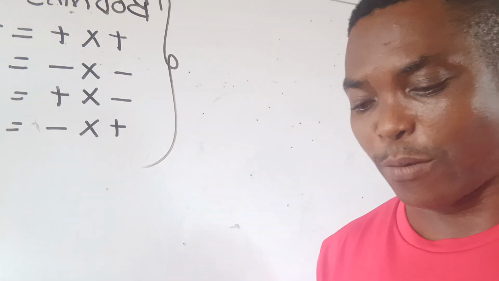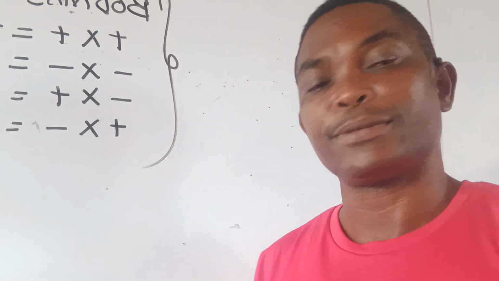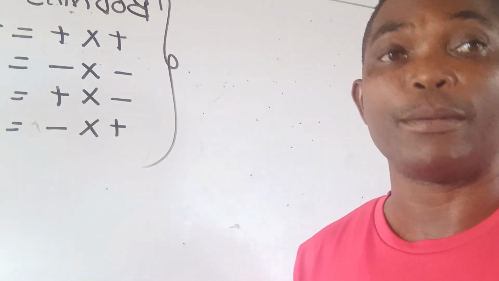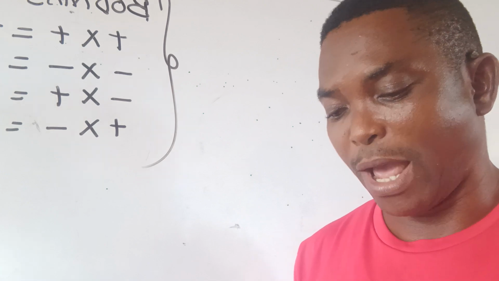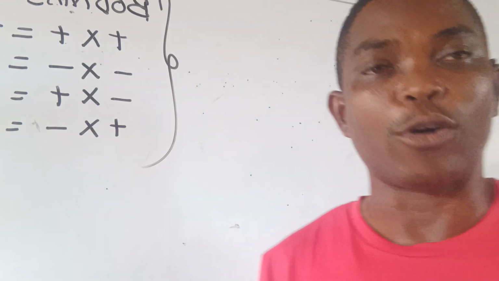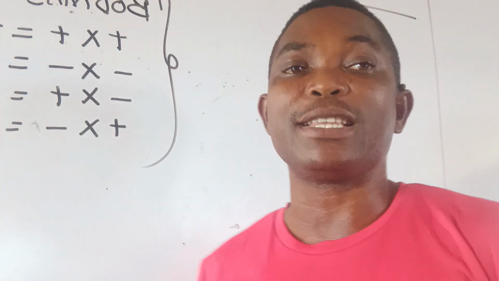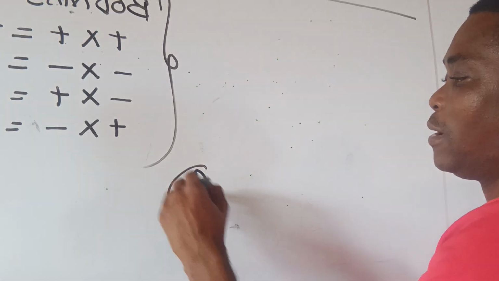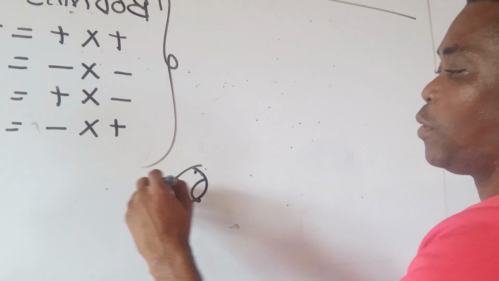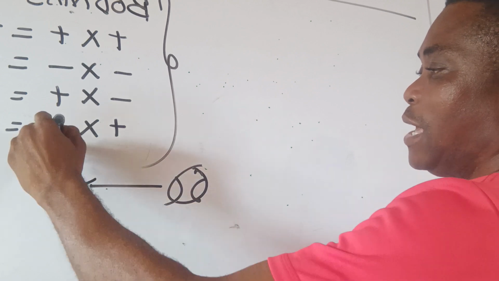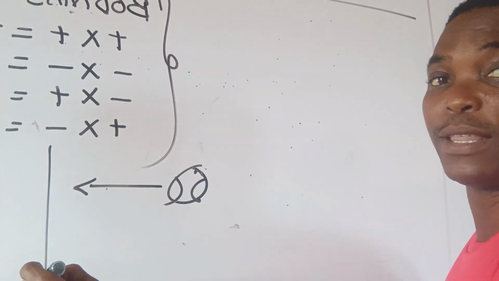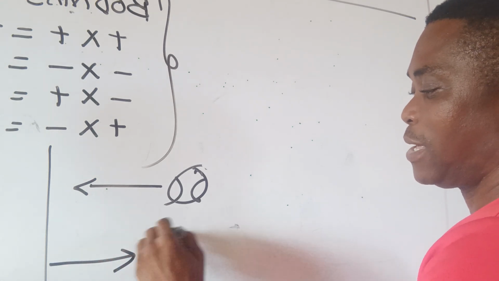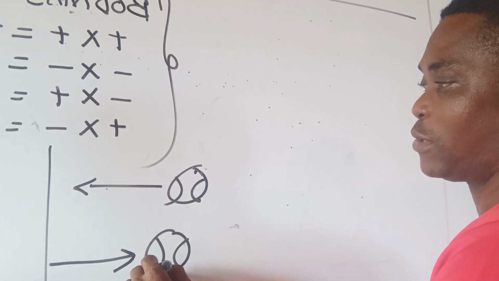Now let's look at this. An object moving forward or up can be represented by a positive integer, while when an object moves backward or down, a negative integer is used. In other words, if I kick this ball and it's moving towards this direction, and there's a wall here, the ball can rebound back in an opposite direction.